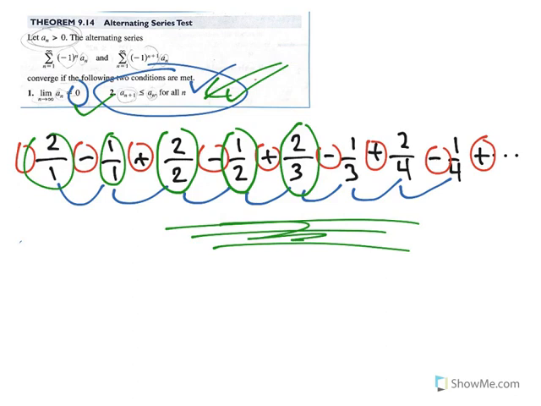In the first example that I gave a moment ago, the alternating series test did not apply, but I was able to use the nth term test for divergence to conclude that that particular series diverges.